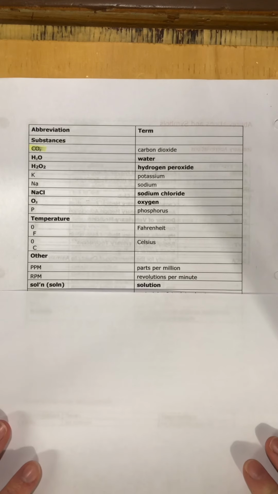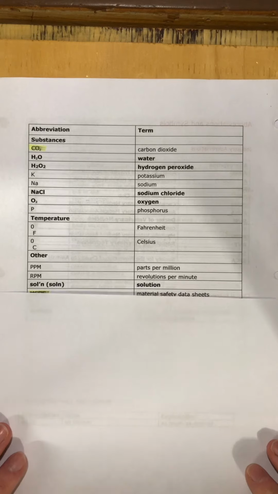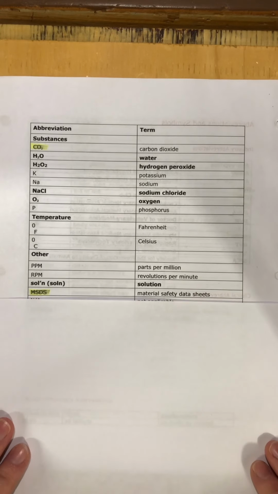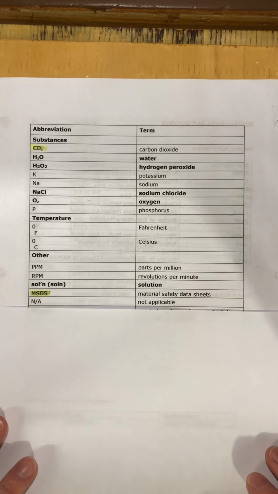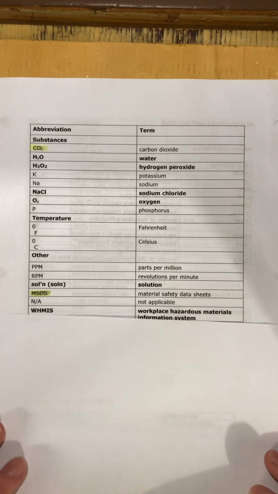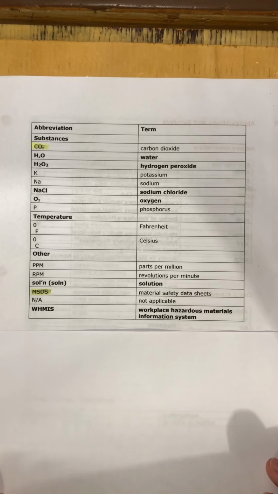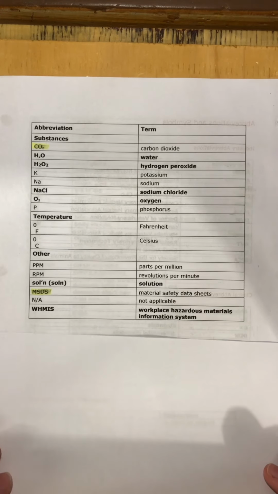SOLN is for solution. MSDS is material safety data sheets. Once you've completed your WHMIS training, though, I think you'll see that they don't talk about MSDS anymore. I think they just talk about SDSs. N/A is not applicable. WHMIS stands for Workplace Hazardous Materials Information System, and you will learn more about that in your WHMIS training course.